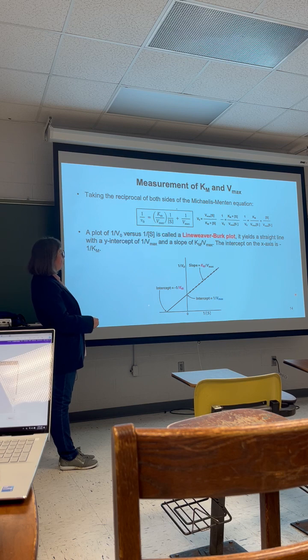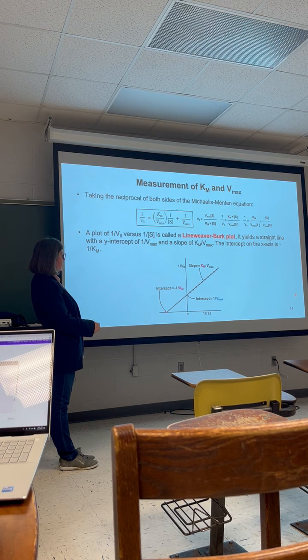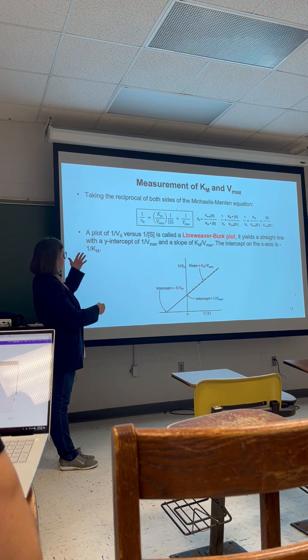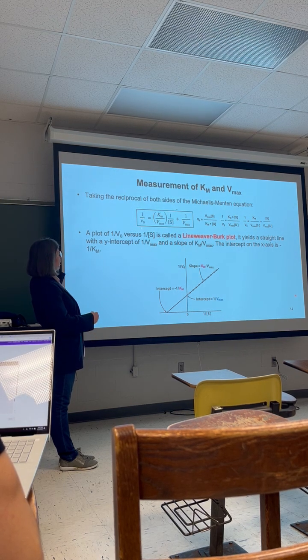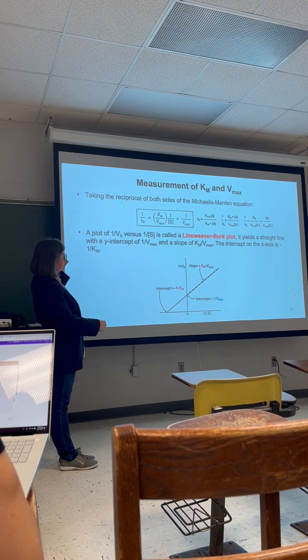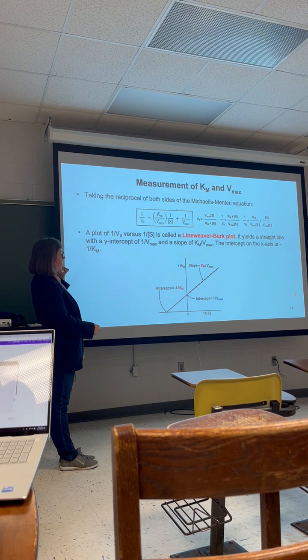Now, the slope of this straight line is Km over Vmax. This is my slope. And here is the intercept with the x-axis. So when y is 0, you are right there. Again, you can solve it and ask at which x y is equal to 0, and this is what you will get: negative 1 over Km.